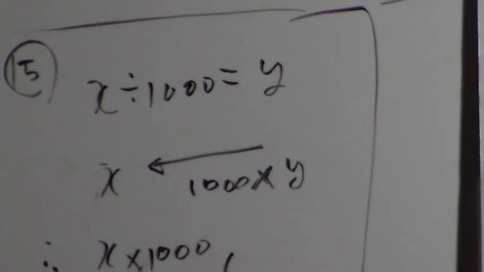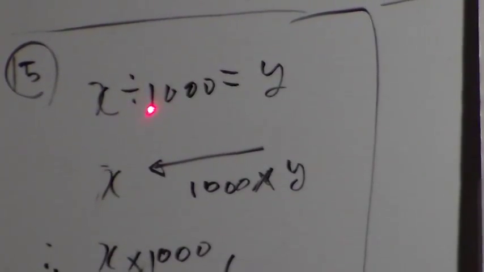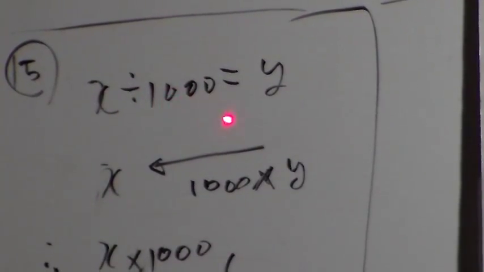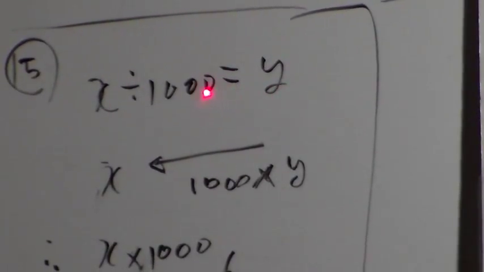Next one is number 15. By mistake he had to times 1,000, but unfortunately divided by 1,000, so that number is y. He wanted to recuperate back to normal.